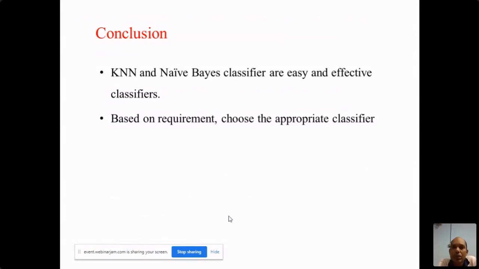You can improve these algorithms as per your problem, and they have very simple parameters because we have a very small number of sensitive parameters. So that is the conclusion.